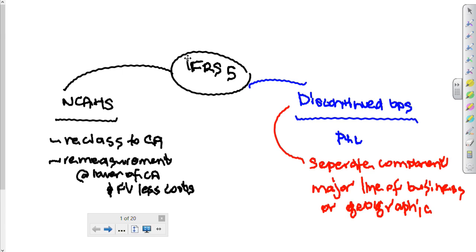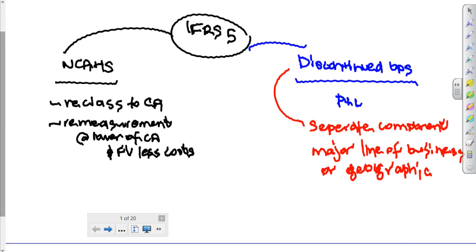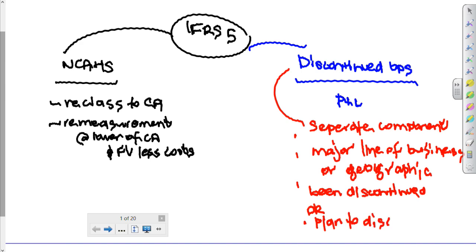Yeah. And this is where it's a little bit different to non-current assets held for sale. It needed to have been discontinued during the year, or there needs to be a plan to discontinue. If you remember last week, there were all these criteria that we talked about when we looked at non-current assets held for sale, and we said for it to be classified that way, we needed to meet certain criteria.